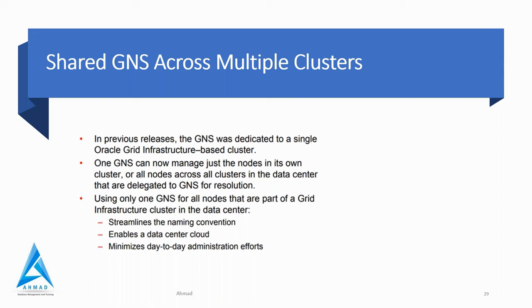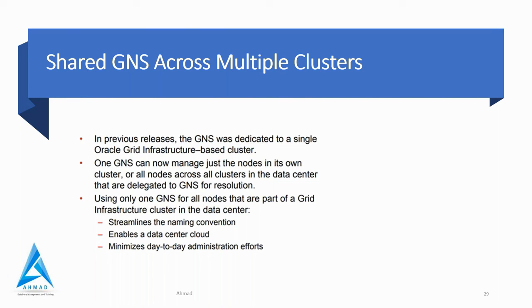Shared GNS across multiple clusters. In previous releases, GNS was dedicated to a single Grid Infrastructure based cluster. But from 12c, one GNS can now manage just the cluster member nodes in its own cluster, or GNS can provide naming resolution for all nodes across all clusters in the data center that are delegated to the Oracle GNS for resolution.